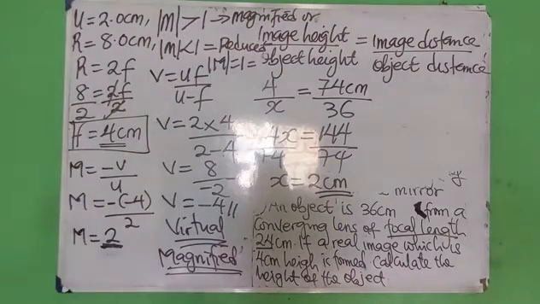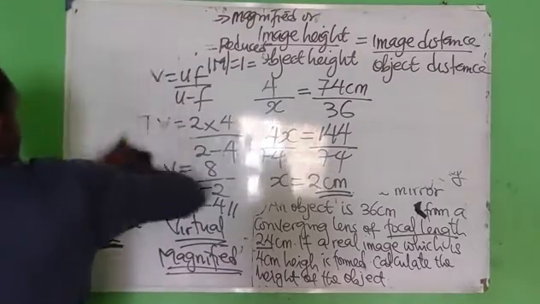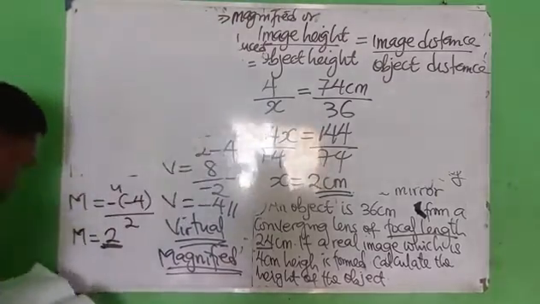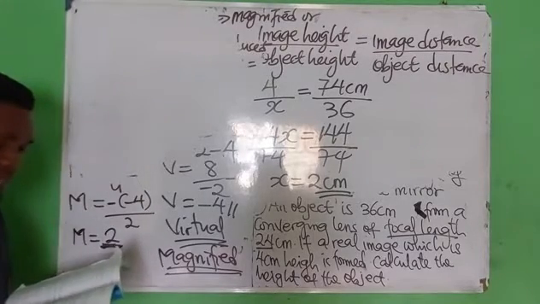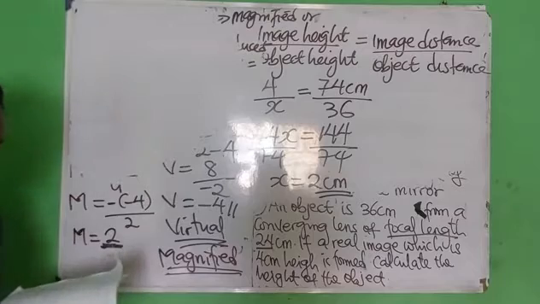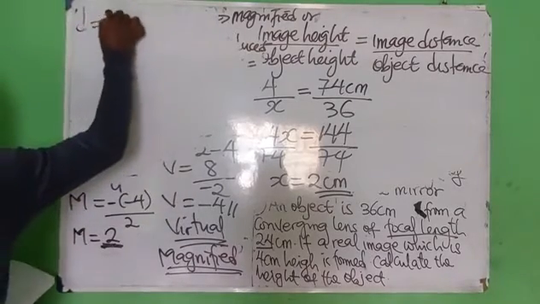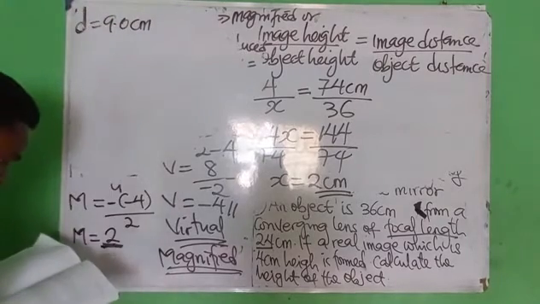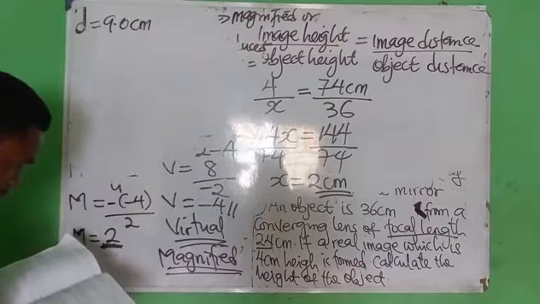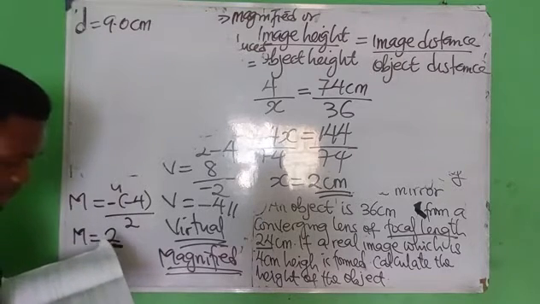Alright, so what number again? Number 8. A child looks at a reflecting Christmas tree ball that has a diameter of 9.0 centimeters and sees an image of her face that is half the real size.